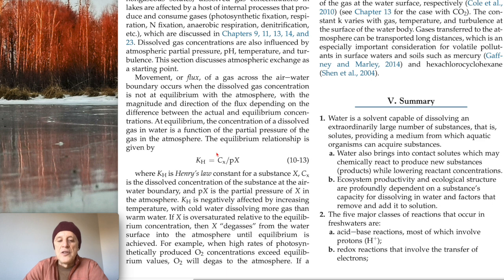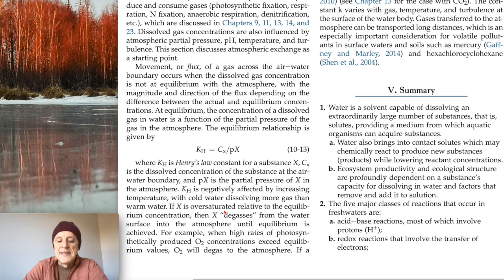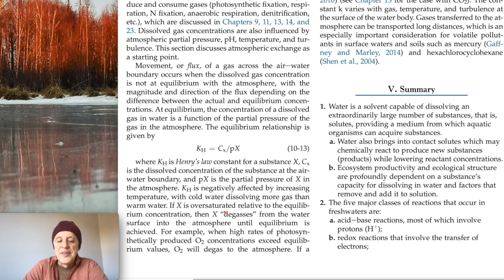The equilibrium relationship is given by Kh = Cx / Px, where Kh is Henry's law constant for a substance X, Cx is the dissolved concentration of the substance at the air-water boundary, and Px is the partial pressure of X in the atmosphere. Kh is negatively affected by increasing temperature, with cold water dissolving more gas than warm water.